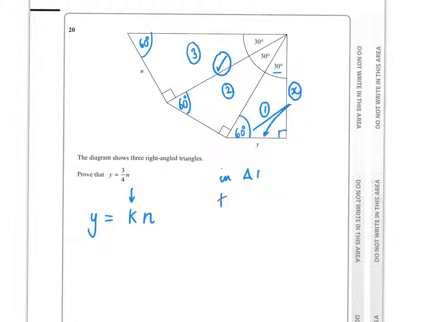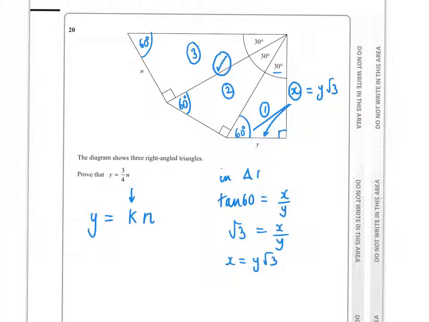So I'm going to say tan 60 equals x over y. Now, tan 60 is root 3. So root 3 equals x over y, which means x is y root 3. Okay, so that's y root 3.